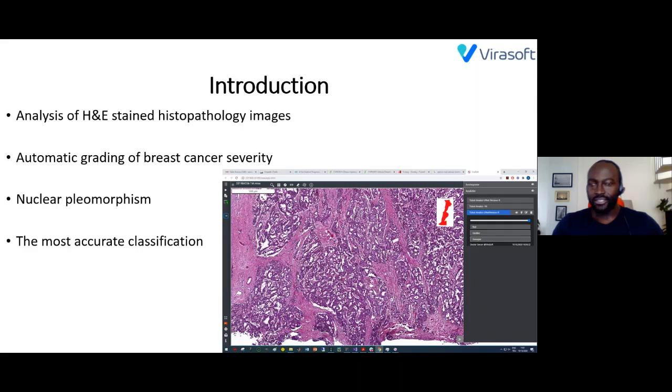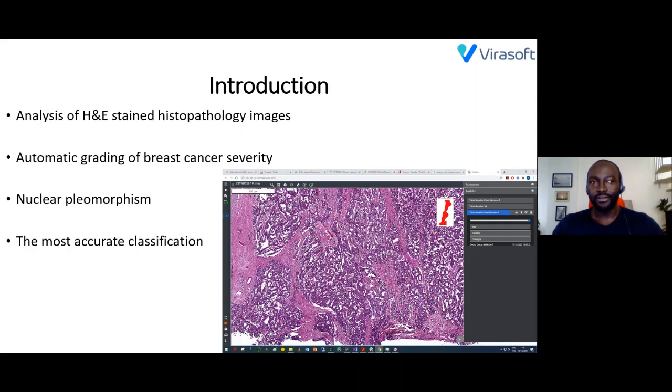And based on what we see, we perform some automatic analysis. And the one I will be talking about today is called nuclear pleomorphism. Basically, in this analysis, the sample is analyzed and the severity of cancer is graded according to some standard grading.